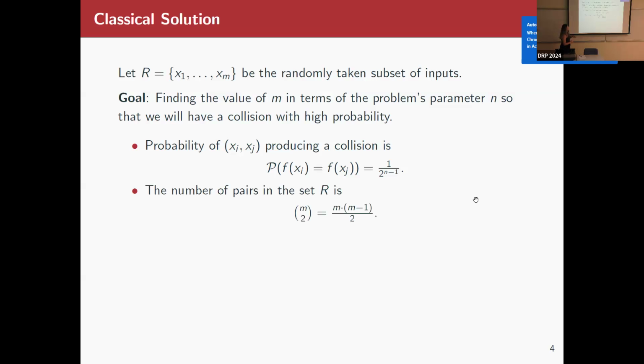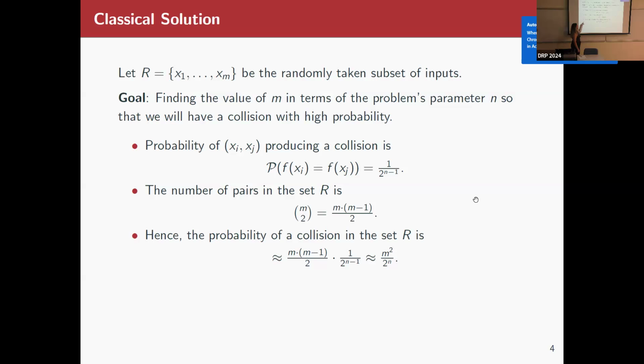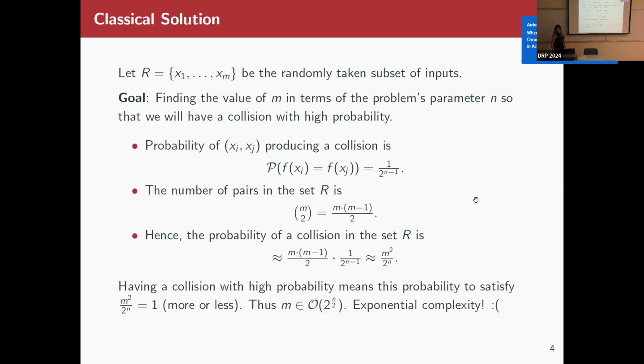And the number of pairs in the set R is m choose 2, which is m times (m minus 1) over 2. Hence, the probability of a collision in the set R is their multiplication, which is approximately m squared over 2 to the power n. Having a collision with high probability means this probability should be about 1. And also, this is the lower bound. Thus, we have exponential complexity, which is bad for computers.